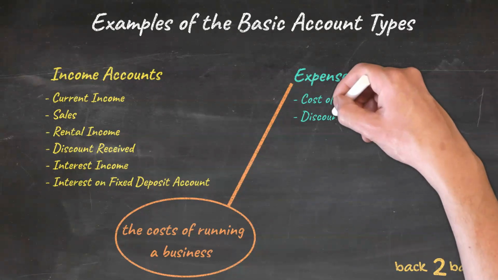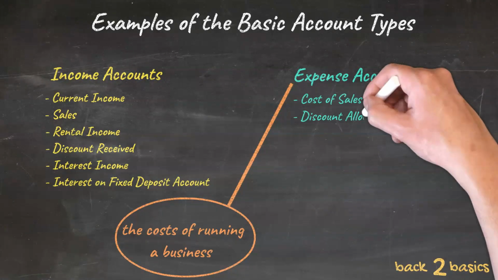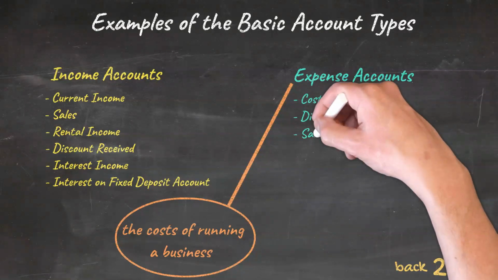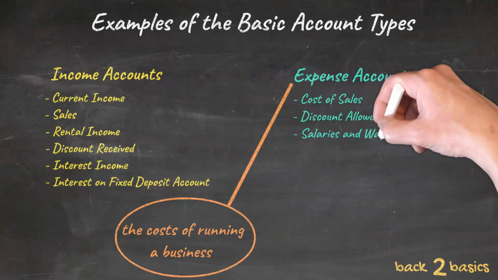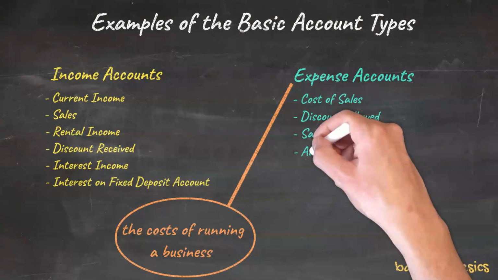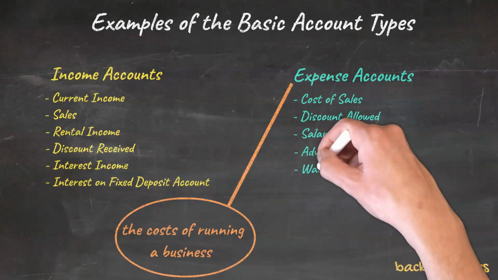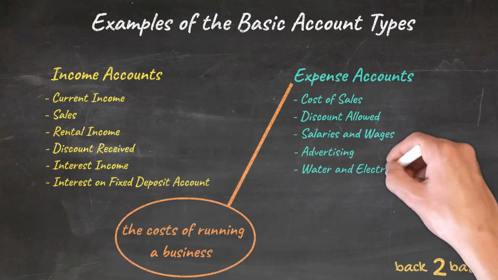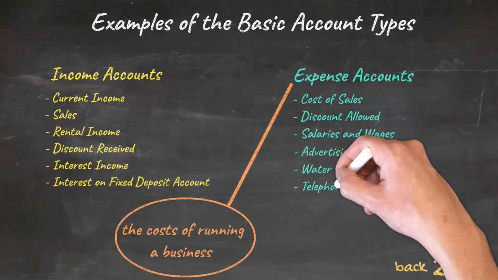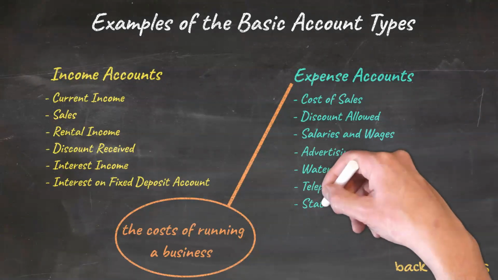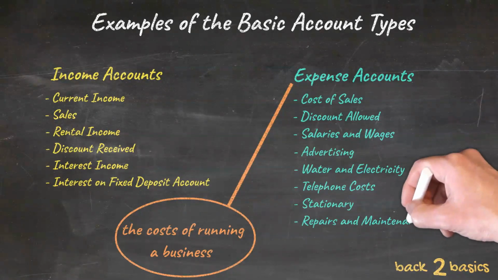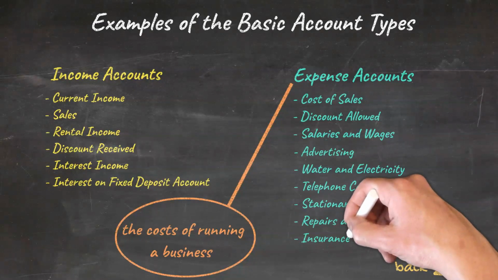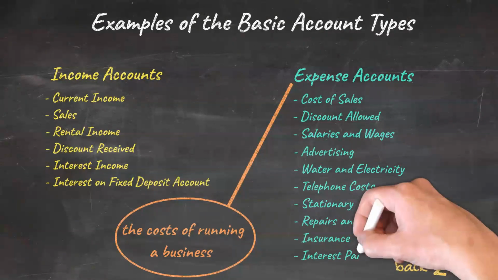Discount allowed, which is discount given to your debtors. Salaries and wages, well, because you have to pay your employees. Advertising, water and electricity, telephone costs, stationery, repairs and maintenance, insurance, and interest paid, to name just a few.